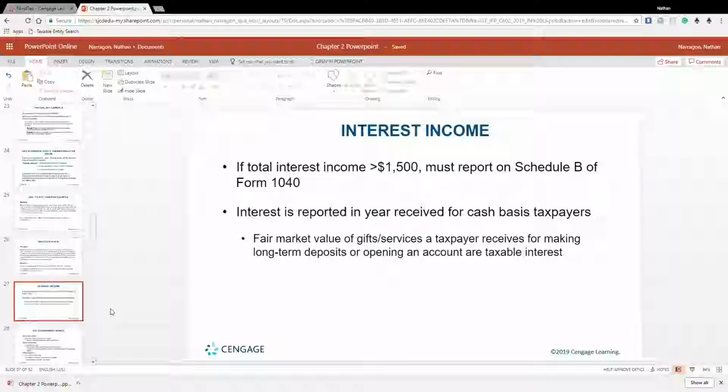Okay, so interest income. This is the total interest income. If it's greater than $1,500, it must be reported on Schedule B of the 1040. Normally, as accountants, or especially tax accountants, if we receive anything that says interest on it, it doesn't matter what it is, put it on Schedule B. It's just a wise thing to do.